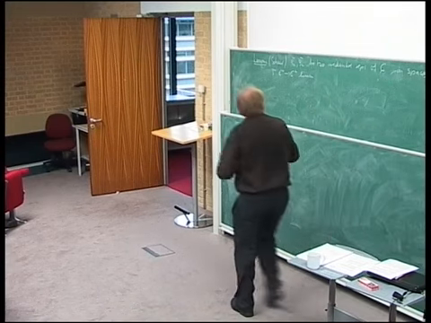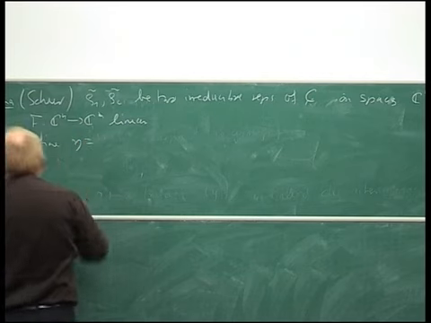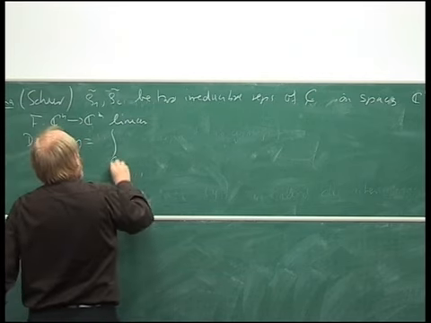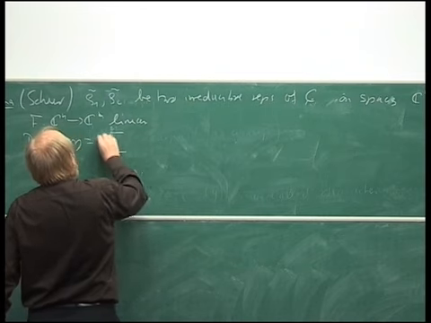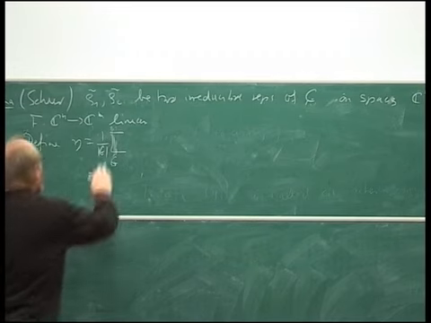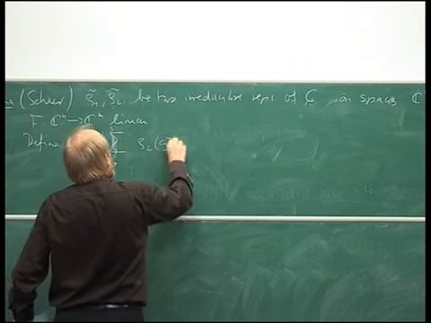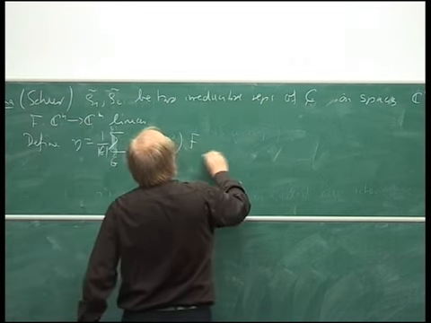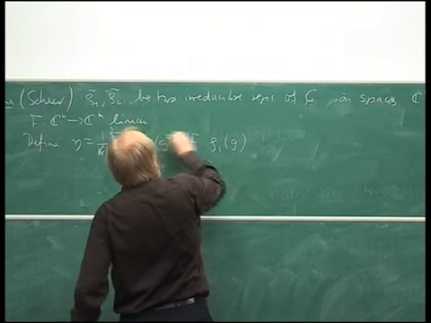We define a new map which I call eta, which is a sum, 1 over G, of rho 2 of G inverse F rho 1 of G tilde.